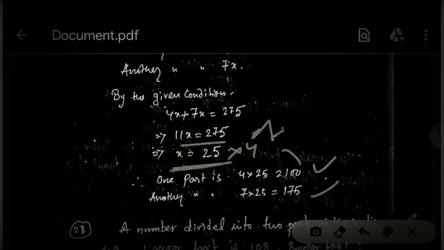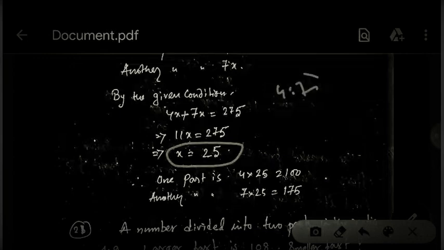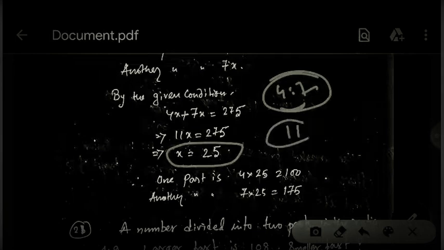So one part will be 100 and another part will be 175, because if you multiply x by 4, you get 100, and if you multiply by 7, you get 175. In this way you can define it. Also, the ratio is 4:7, so you add 4 plus 7, that is 11, your total.